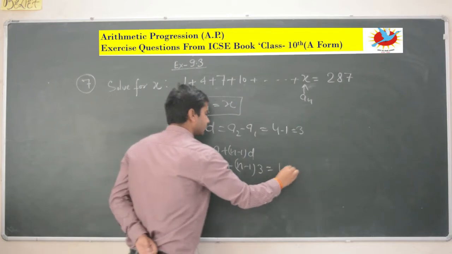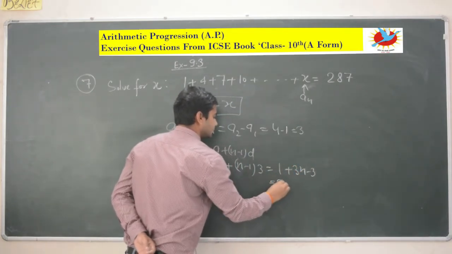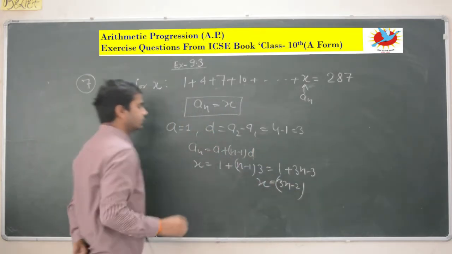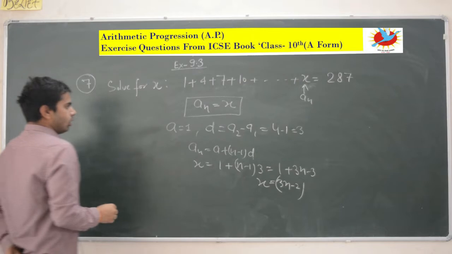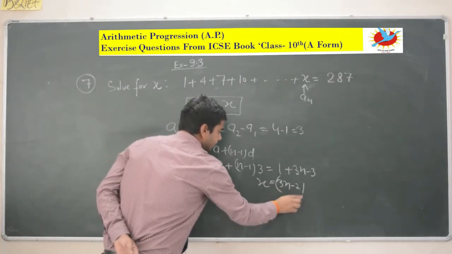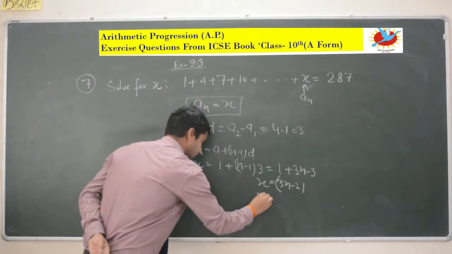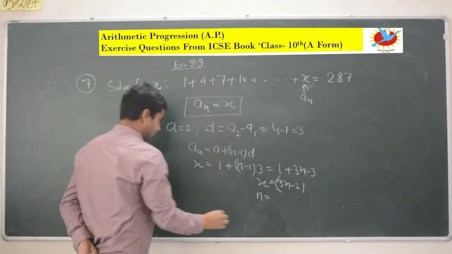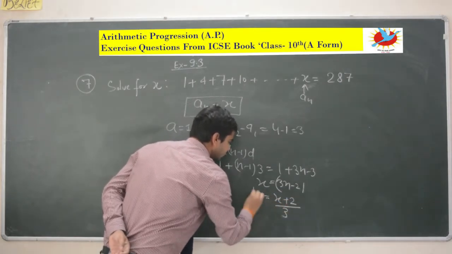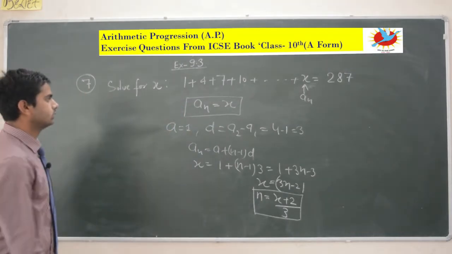So we will get 1 plus 3n minus 3, and we can write it as 3n minus 2. So the value of x is 3n minus 2, and from here we can calculate the value of n. If we calculate for n, n will become x plus 2 divided by 3.